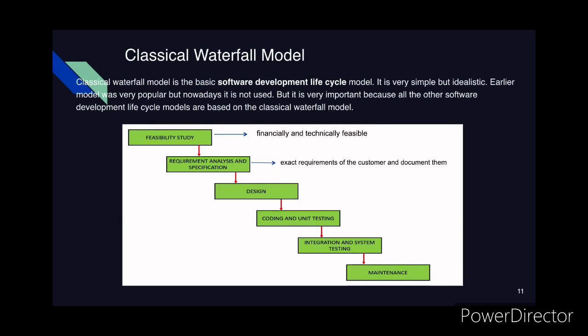First, feasibility study. The main goal of this phase is to determine whether it would be financially and technically feasible to develop the software. Financially means whether the cost of the software is appropriate to the customer, that is, within their budget or not. And technically, to see whether the required hardware and software are there or not, and hence the programming language knowledge also.